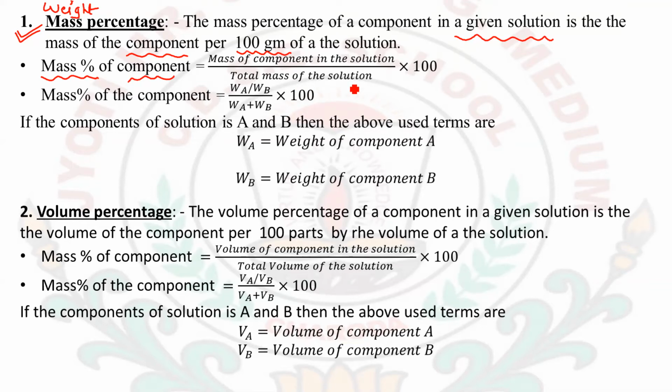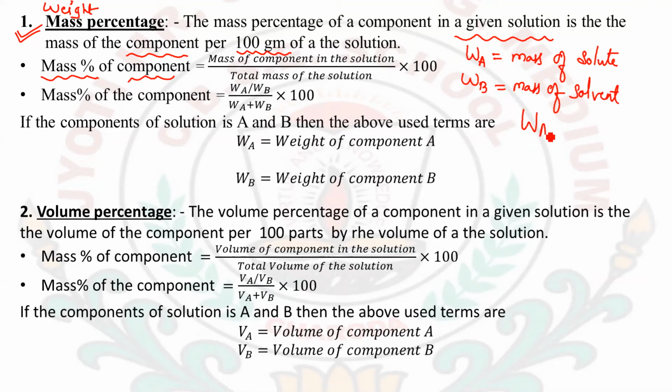Let's say Wa is equal to the mass of solute and Wb is equal to the mass of solvent. You can change it either way; you can take a as solvent and b as solute also. No restriction is there, but I am considering that a is solute and b is solvent here. So the formula can be formed like this.